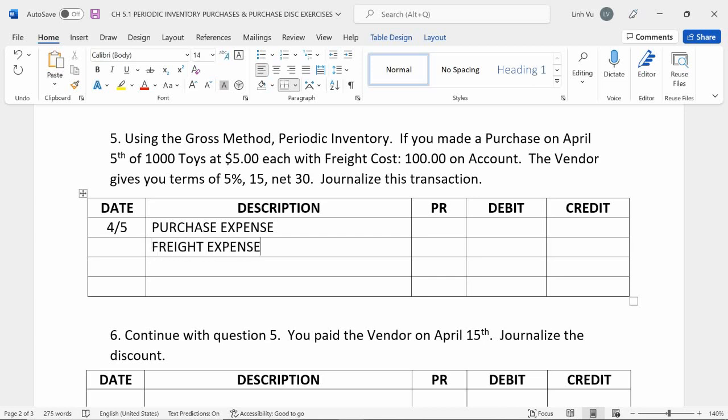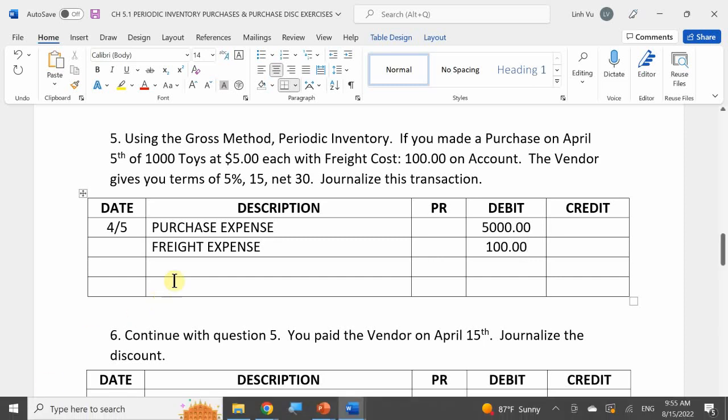Okay. So how much is my total purchase expense? If I purchase 1,000 units at $5 each, 5,000. And then how much was my shipping and freight? 100. And here's a new word: I placed it on an account.